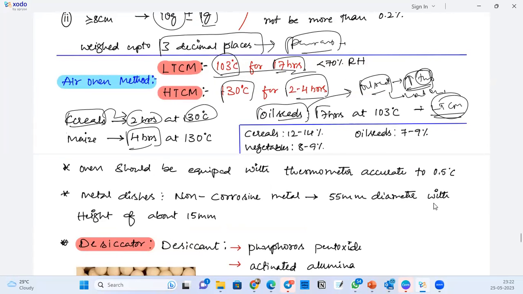Generally for cereals we use high temperature only. You have seen that they are using low temperature in which book? If you have seen that, it's wrong. It's high temperature only for cereals. The only exception is maize, where you use 4 hours, at the same temperature. Then there is no temperature difference.